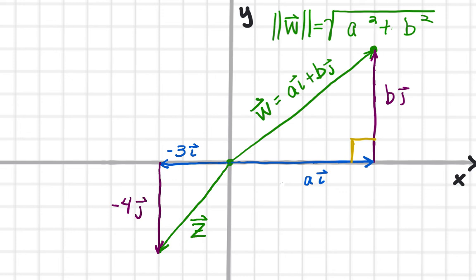So we could say that vector z equals -3 times the unit vector i plus -4 times the unit vector j. Or sometimes we just, for shorthand, say -3i minus 4j.